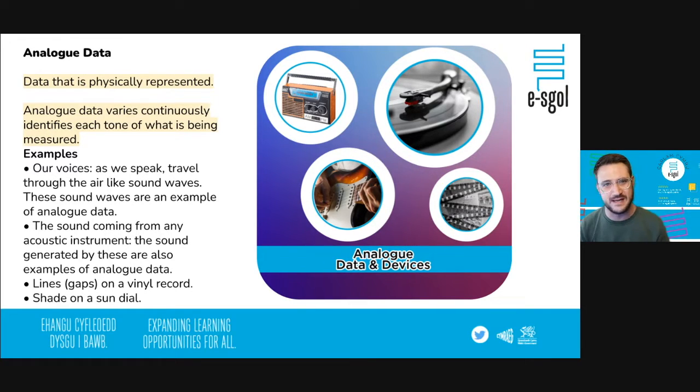Now, I don't particularly like either of those words, lines or gaps, because what they are is grooves. So with a vinyl record, it's just a plastic disc, and the grooves have been cut into the disc or pressed into the disc. And those grooves, if you zoom in on them far enough, you can actually see the sound waves of whatever's been recorded.